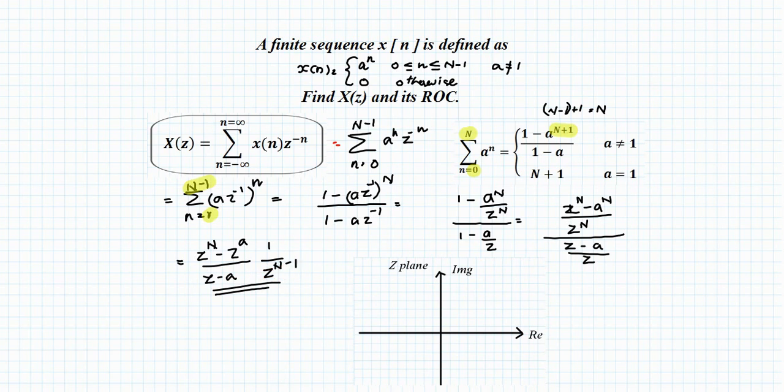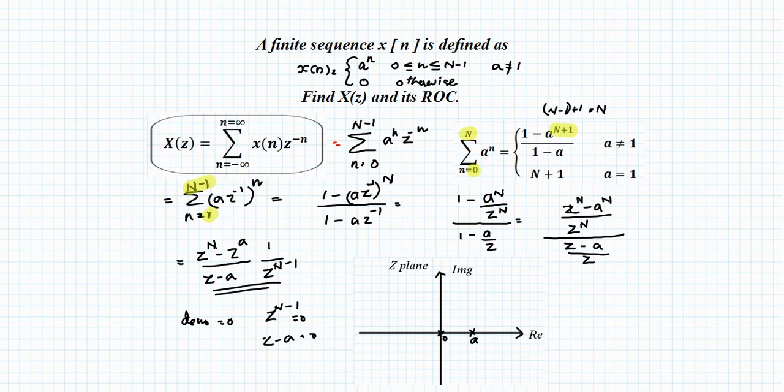If you equate the denominator equal to 0, you will get z raised to n minus 1 equal to 0, and the other term z minus a equal to 0. So you will get two pole positions, one at a and the other at 0. So these are the two poles. You can construct two circles, one at z equal to 0 and one at z equal to a.